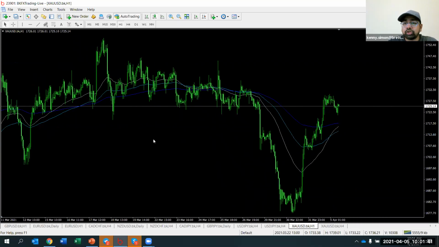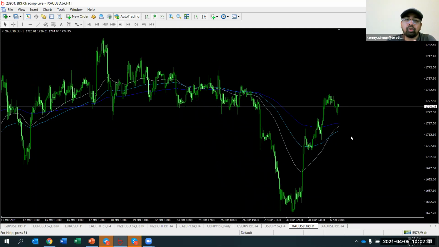Now, the 1-hour chart is a little bit messy. We've got all these candles above, but what it's doing at the moment is tricking the traders. I'll just give you this warning. It's tricking the traders at this moment to make them think that you may have a chance to buy gold.